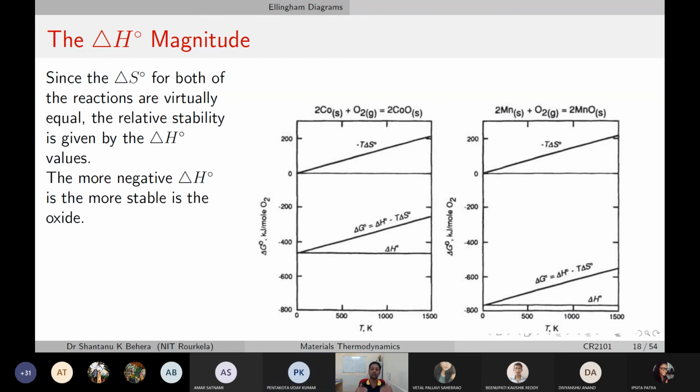But some are more negative, some are less negative, which is the example given here: cobalt is negative but less negative as compared to the manganese oxidation enthalpy. So in that case, the equilibrium partial pressure at a specific temperature for the oxidation of manganese is going to be much lower than the equilibrium PO2 required for the oxidation of cobalt.